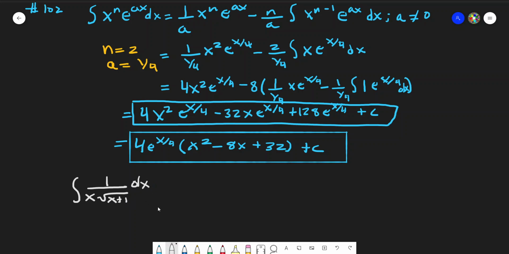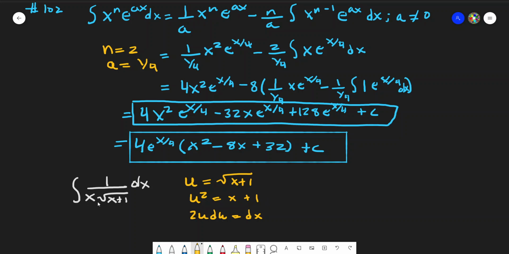Now this one is actually pretty special because notice that we could probably solve it immediately by the use of u substitution. But to do that, you would probably need to say that u is equal to the square root of x plus 1, and then you would say u squared is equal to x plus 1, and then from there you would say that if I differentiate this, I will get 2u du is equal to dx, and then from there we see that u squared minus 1 is going to be equal to x.